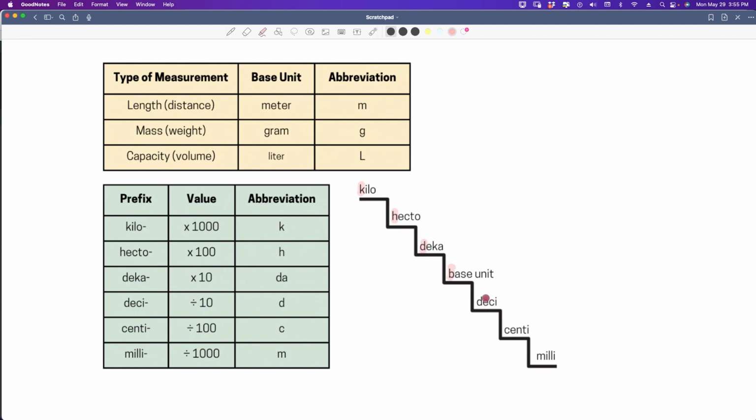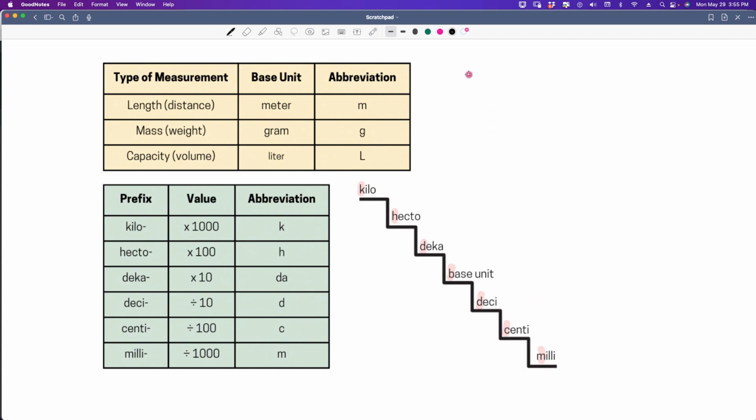I guess it's not an acronym. I guess it's more of a, what is it when you make a poem out of the first letters, an anagram, something like that. That is why I'm the math teacher. But you take the first letter of each one of these and we create a cool little poem out of it to remember each one.